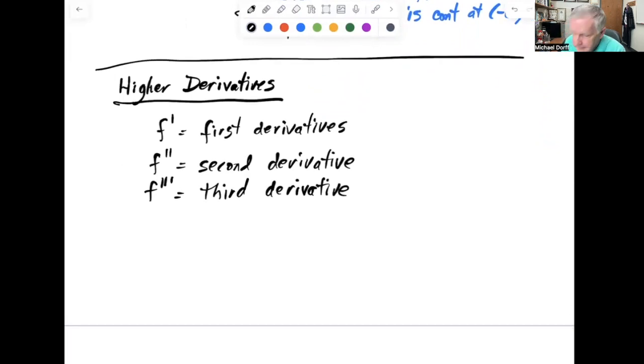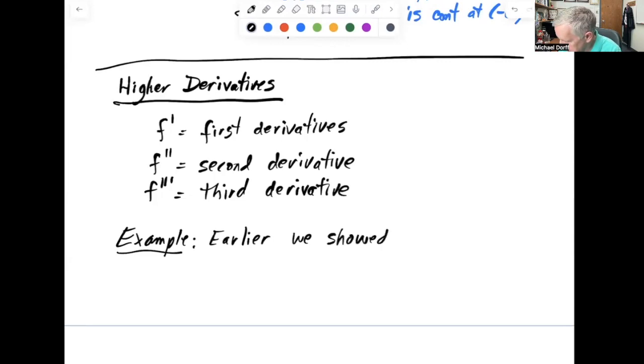So just to give you an example, earlier we showed that if f of x equals 1 over x, then the derivative was negative 1 over x squared.